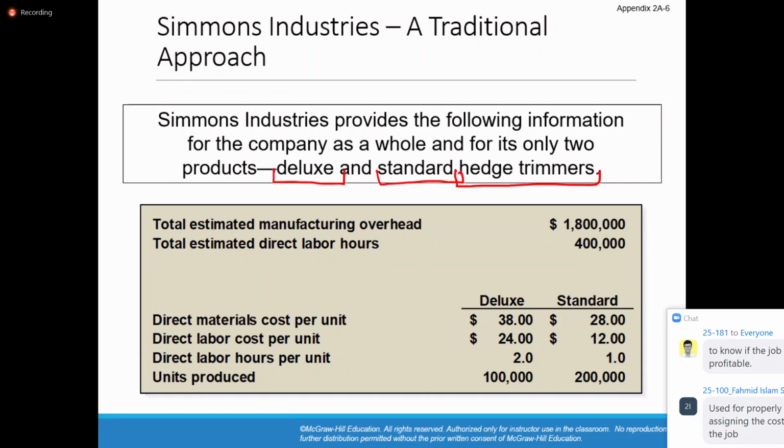The question to you: does anyone know what the purpose of hedge trimmers is and what it actually is? Write your answer in the chat box. I'm interested to know whether you have seen this hedge trimmer or you are aware of this product. Exactly.